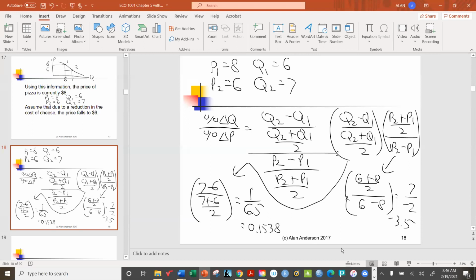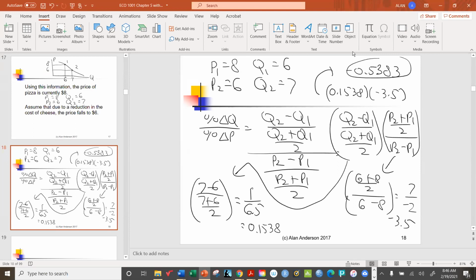And now I have to multiply them together. Let's see, I'll put these up here. And let's see what that gives us. It's negative 0.5383.